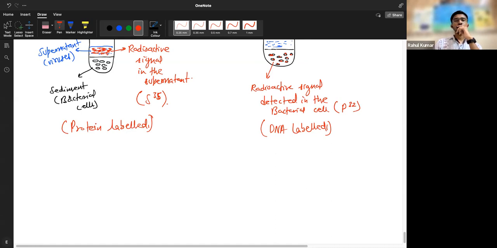Whereas bacteria which were infected with viruses having radioactive protein were not radioactive.